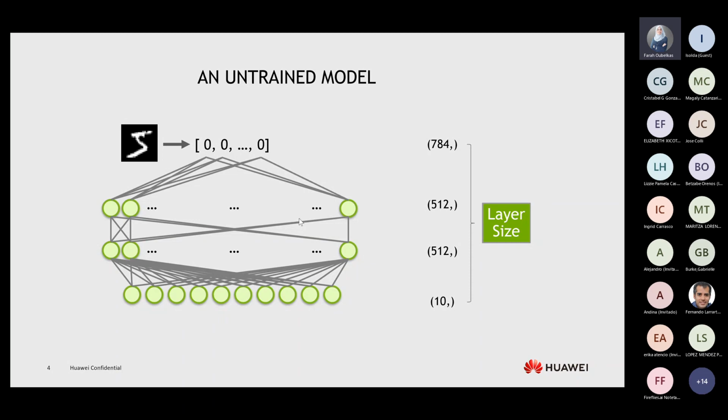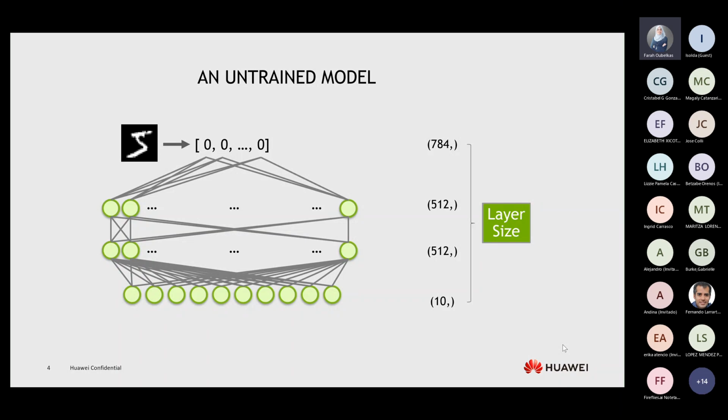Each neuron in each layer is connected to every neuron in the next layer. This is what the dense Keras layer means. This means that there are a lot of connections.